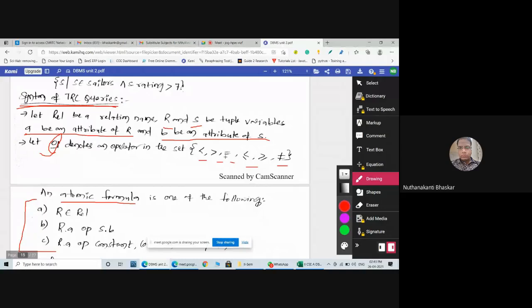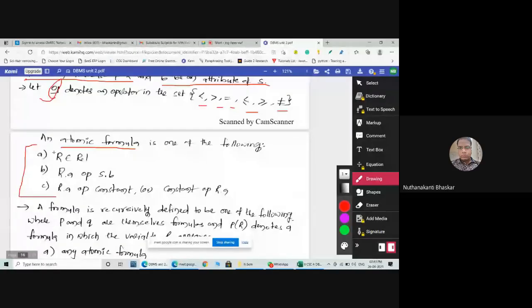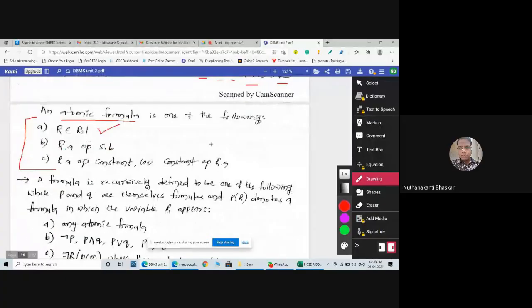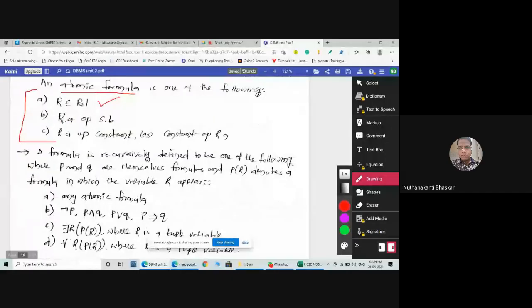Some formulas we have, those first three formulas are called atomic formulas. Here, atomic means base formulas, core formulas. The first formula is R belongs to relation. Means if you take any tuple, the tuple belongs to the relation, that is, the tuple must be in that particular relation. That is the first atomic formula.